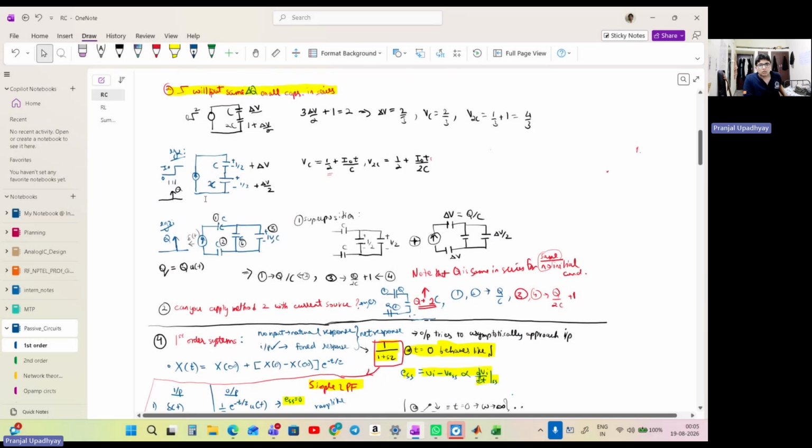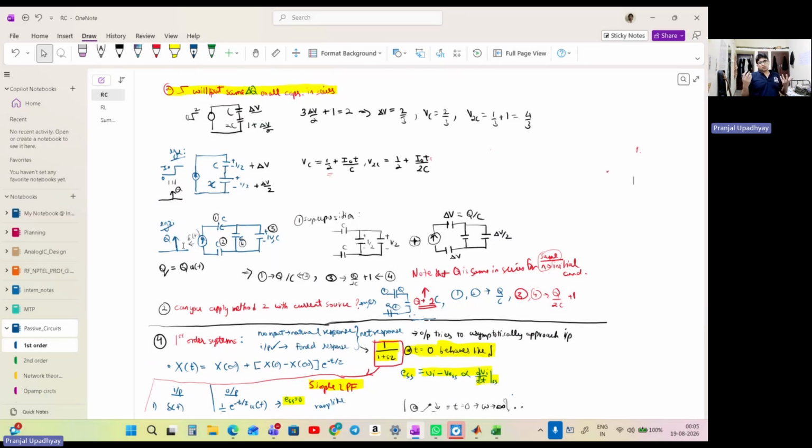So what will happen if I feed an impulse to a circuit? Again, this is an easier example, so let us go with a more complicated example so that we can understand that way. So here we have fed an impulse current. You must understand that an impulse current is what? If we integrate an impulse current, it's basically a charge. Right? It's the step function of a charge.